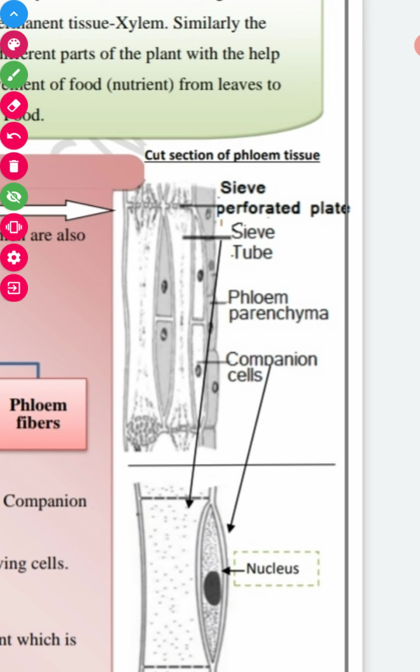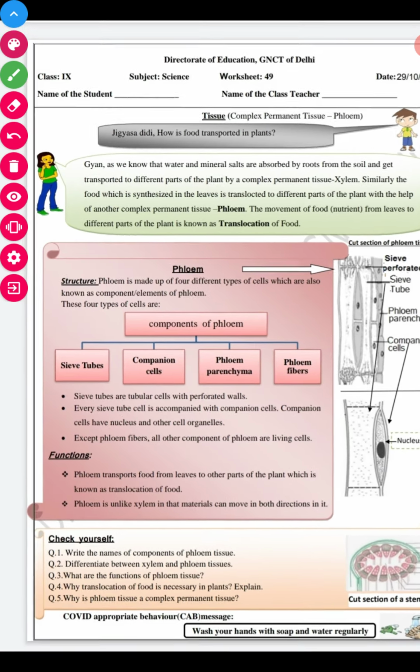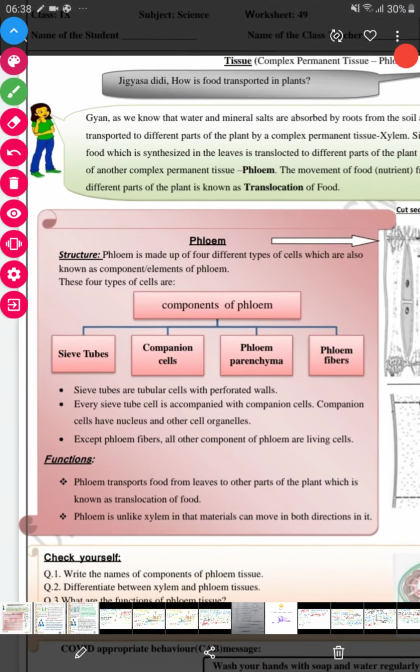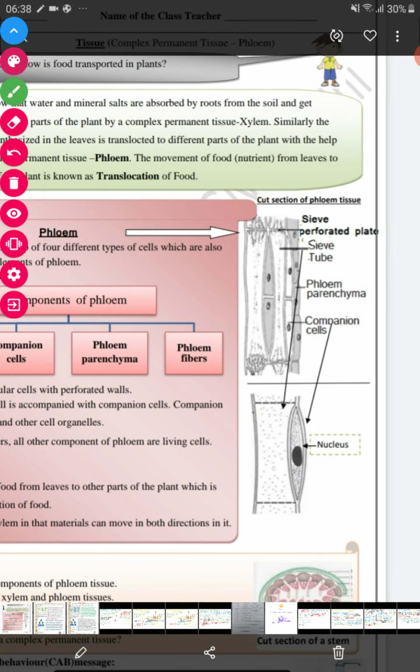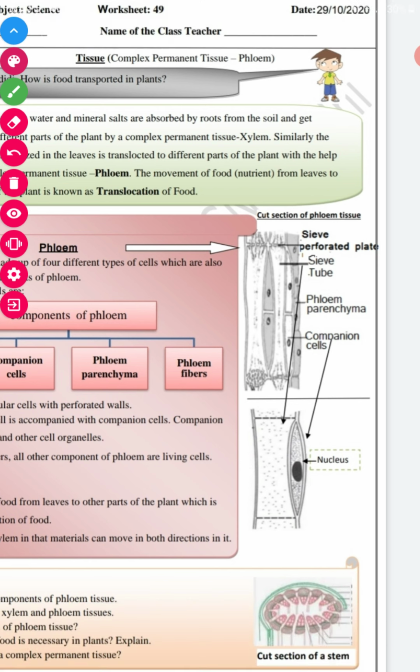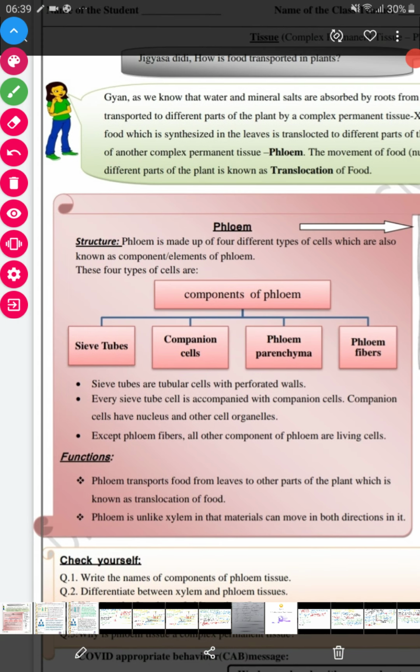So let's study about the function. Sieve tubes are tubular cells with the perforated wall, as I have shown you. Every sieve tube cell is accompanied with the companion cells, and companion cells have the nucleus and other cell organelles. See, companion cell has this nucleus and other components of the cell.